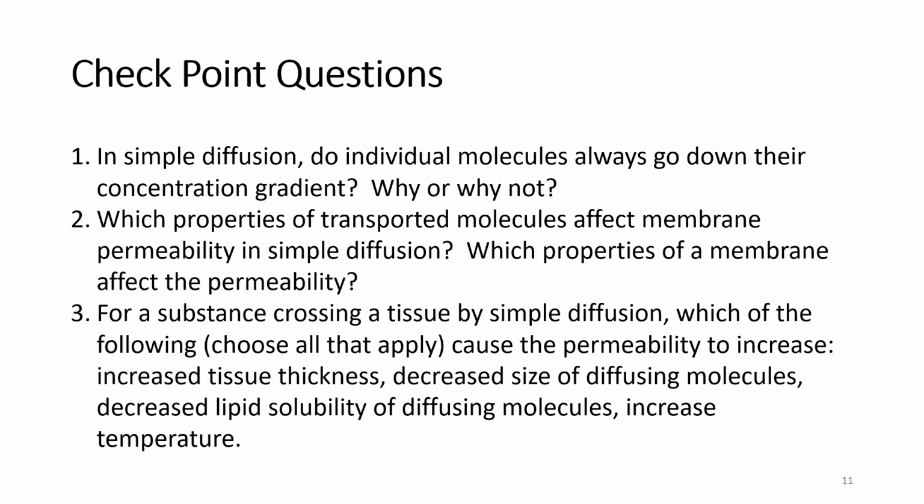So increasing the temperature, while we said that it's not as applicable in our physiology because our temperature is pretty set, in terms of physiologic fact, increasing the temperature would certainly increase the permeability for simple diffusion. So the choices that we would select here are decreasing the size of the diffusing molecule and increasing the temperature that would cause an increased permeability.